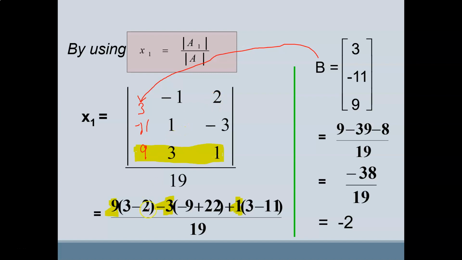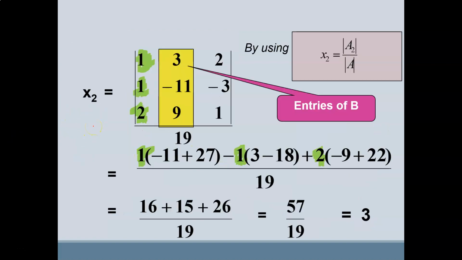Minus 2 times 1, you get 2. So you solve for the determinant for this lah. And then you have to divide by 19. Now, you solve this one, and lastly you get -2. -2 for x1. Okay, next we move on to find x2 pula.